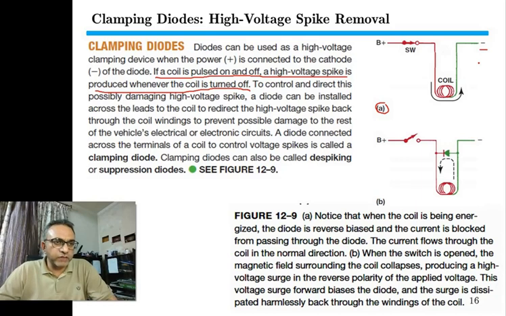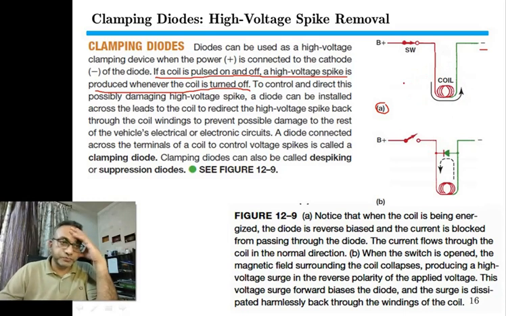So in the first diagram, part number A, we will look at the operation or response of the coil without a diode, and then we will highlight the problem that the coil produces, and then we will resolve this problem using a diode.